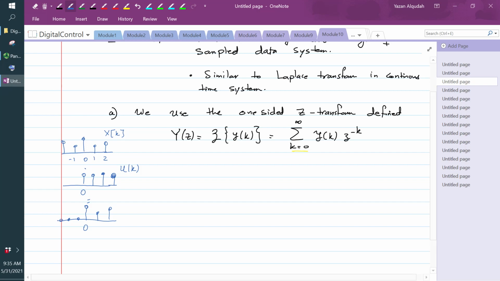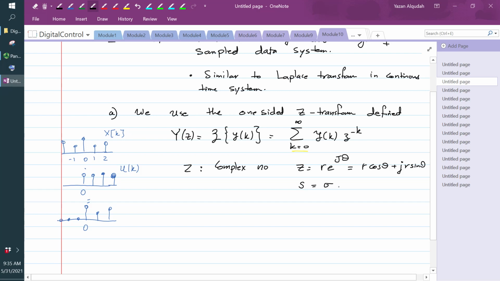Okay, what is this Z? If you remember, the Z is a complex number, and therefore we can write Z as equal to r multiplied by e to the j theta, which is equal to r cosine theta plus j r sine theta. Now also this is similar to s in the s domain that we used with the Laplace, which was a complex variable.